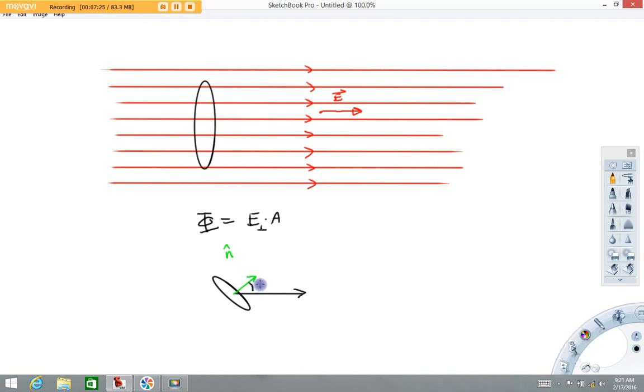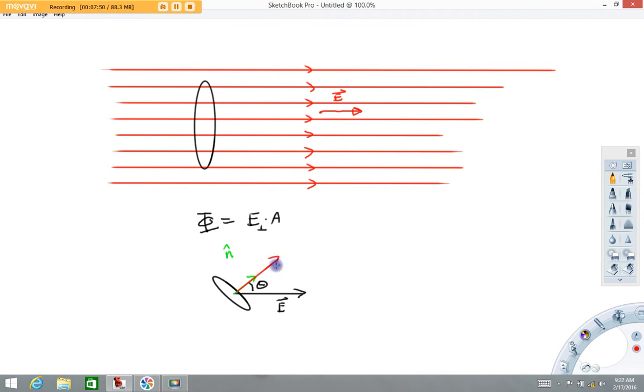Notice there's some sort of angle between the electric field vector, I should have that labeled, and the normal vector. When we calculate the flux through that cross-sectional area, what we would need is the component of this vector that's in the direction of the normal. I'm going to go ahead and draw the vector components in red here. A little longer, I guess. All right.